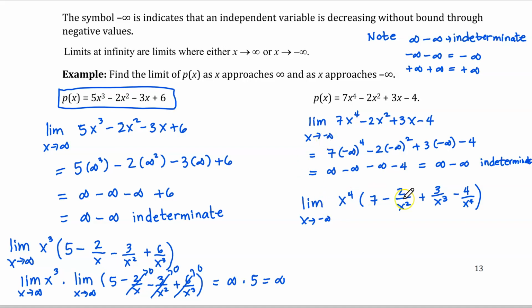Now, to get the limit here, we will first distribute the limit to each product. So this is the same as evaluating the limit of x to the fourth as x approaches negative infinity times the limit of the other factor, 7 minus 2 over x squared plus 3 over x cubed minus 4 over x to the fourth, as x approaches negative infinity.